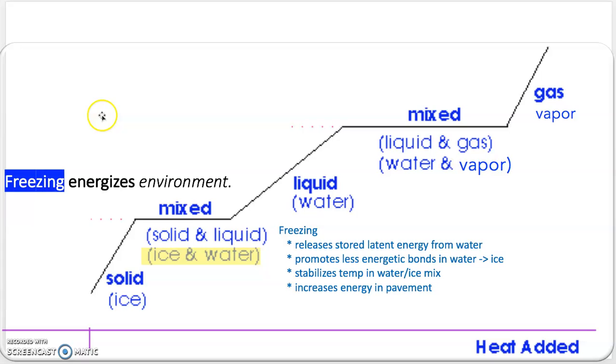In releasing that stored energy, this slushy mix is going to have less and less energy, which means that more stable ice bonds with less energetic bonds will start to form. And as this latent energy continues to be released, it will continue to energize the environment. It will continue to energize the pavement.